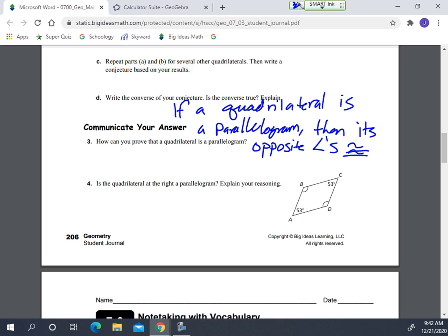Sorry. And its opposite angles are congruent. Is this true? Is this conjecture true? Yes, 100%, right? I didn't have to make that quadrilateral. I didn't have to make that parallelogram because I knew that its opposite angles had to be congruent.